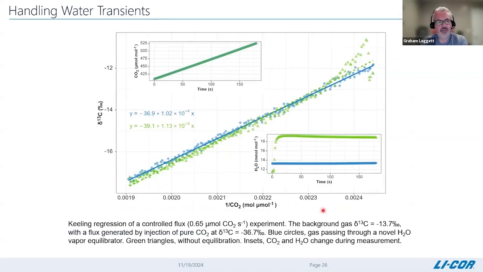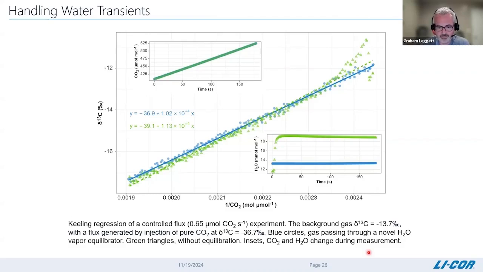I mentioned the handling of water transients with the 8250 O2. So we set up an experiment here, which is a Keeling regression of a controlled flux: 0.65 micromole of CO2 per second into the chamber. The background gas having a delta 13C of -13.7 per mil, and we generated a flux by injection of pure CO2 with a delta 13C of -36.7 per mil.